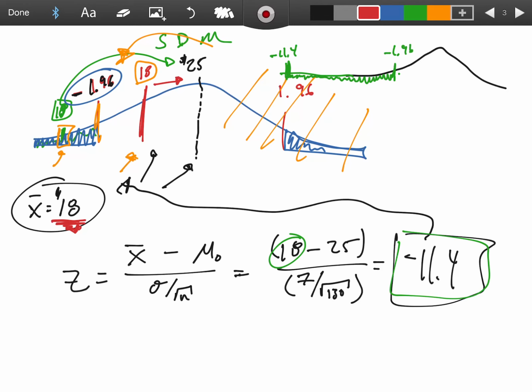All I'm showing here is that it's not 25 anymore. And based on how large this z-score is, I can actually say with quite a bit of confidence that it's much less than $25 per week that the college freshmen are spending on fast food.